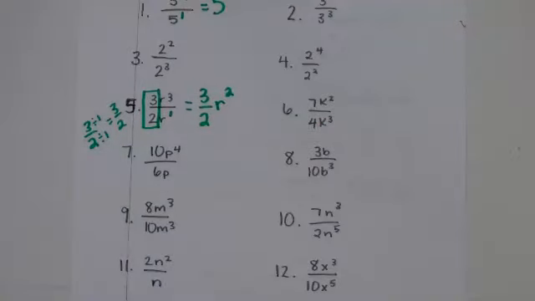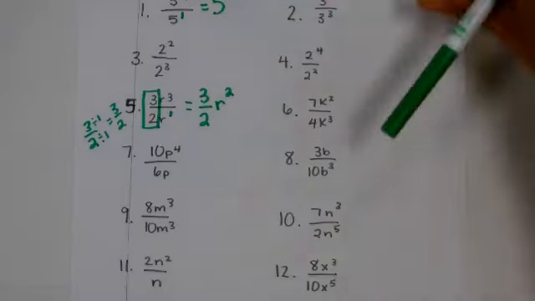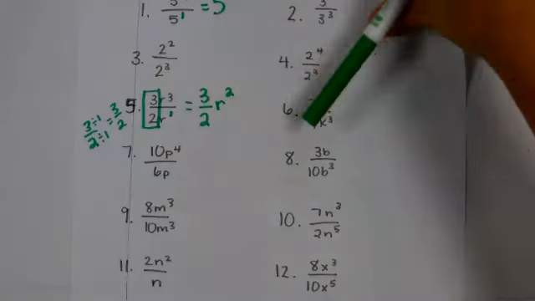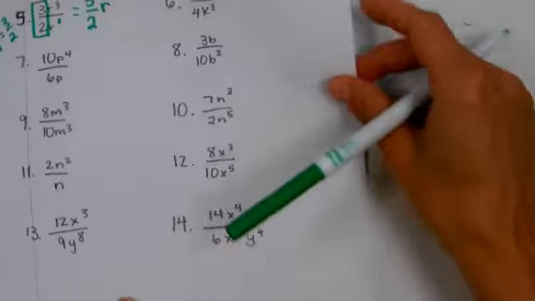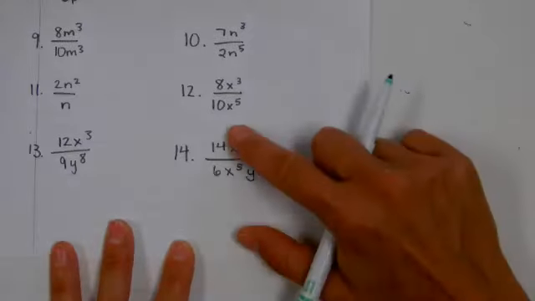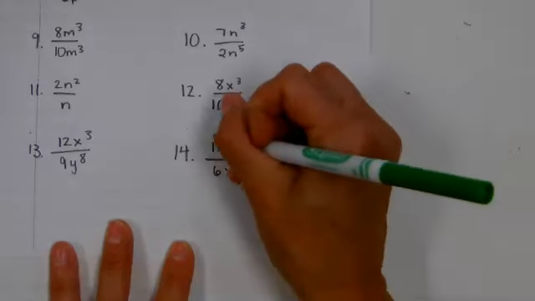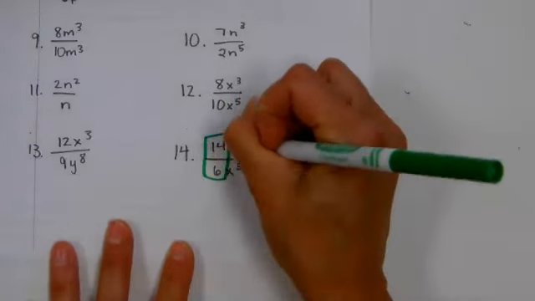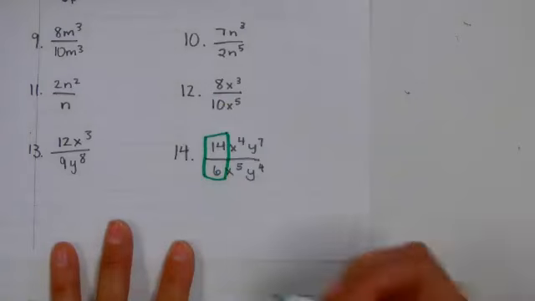All right, moving on. We're going to keep going. As we go down, this gets a little more complicated. Let's look at number 14, which is the most complicated looking one. Start in the beginning. So 14 and 6 are not the same base, so we need to see if we can reduce it.